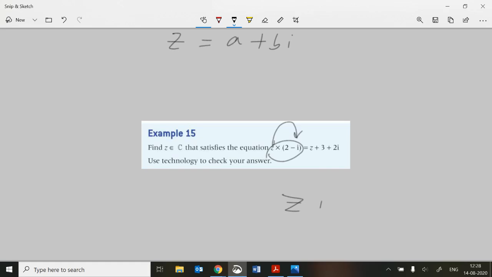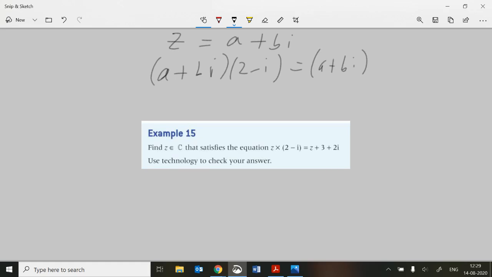So when we're saying zi, well, sure, some of that is imaginary, but some of that is real as well, because an imaginary part times i is going to lead you back to a real part. So there was that problem of not separating out imaginary parts and real parts, and we can solve that problem by setting up z equal to a plus bi. If we do that, we've got a plus bi times 2 minus i is equal to, and again, a plus bi plus 3 plus 2i.